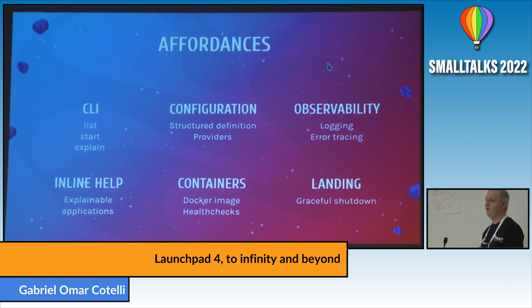As a side effect of defining the configuration, the applications have inline support for help, so we can see all the parameters that we need for the application to run. And additionally, we added support for running containers, so we have the option to use a base Launchpad Docker image to create our own image packaging our application.